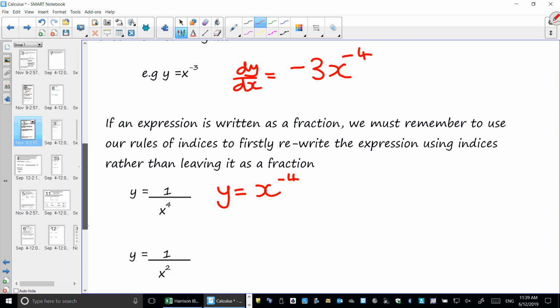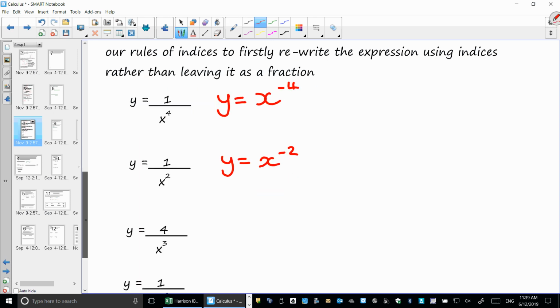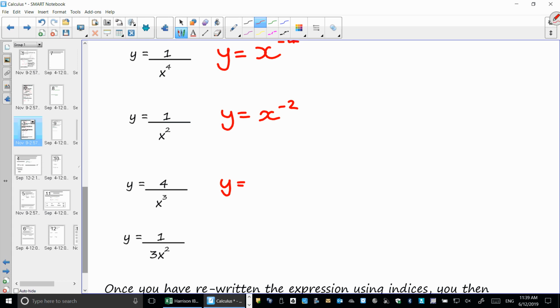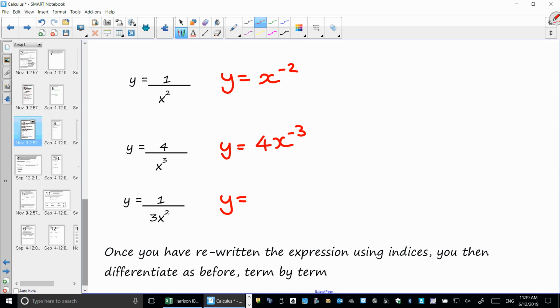Okay, let's just rewrite them all first. This one here would be what? x to the negative 2. This one would be 4x to the negative 3, good. And what would this one be? This would have to be 1 over 3 x to the negative 2.